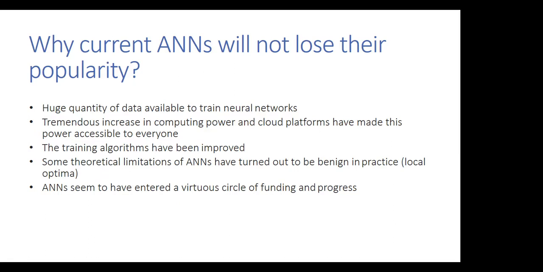But in practice, this situation happens rarely, and the ANNs can approach the global optimum or near the global optimum. And because of these reasons, ANNs seem to have entered a virtuous circle of funding and progress.